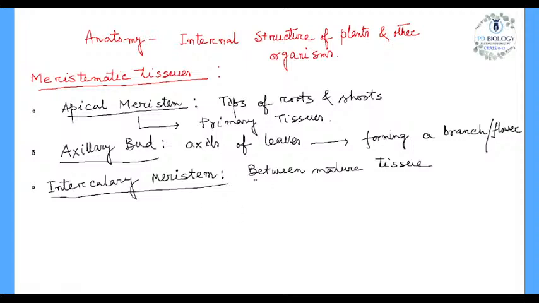So mostly present in the grasses, that you know. If this tip part is taken by the herbivore, then it again divides and forms the previous part by the activity of the intercalary meristem.